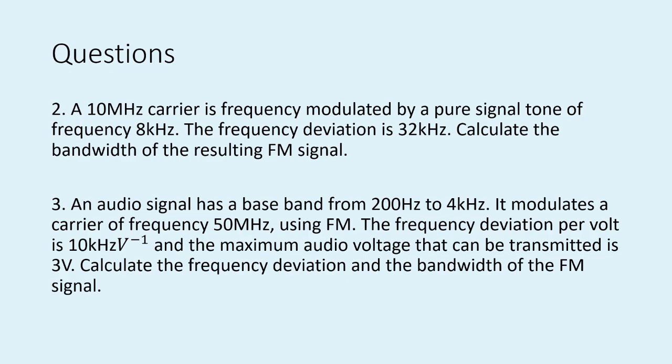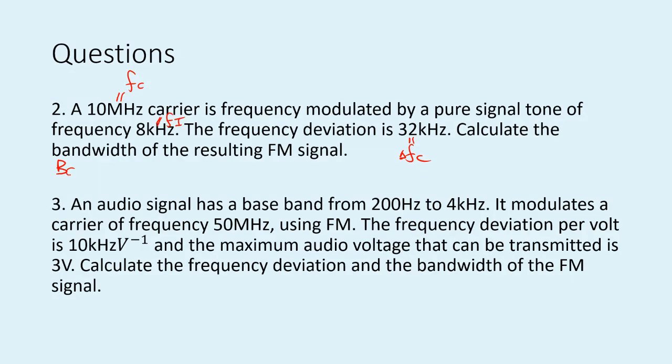We've got questions 2 and 3. Again, I'd recommend you pause it before I go through it. Okay, let's have a look at question 2. A lot of information here. There's 3 numbers. So we've got the carrier frequency, that's Fc, not the frequency deviation, it's just Fc. This is the information signal. And this is the frequency deviation.